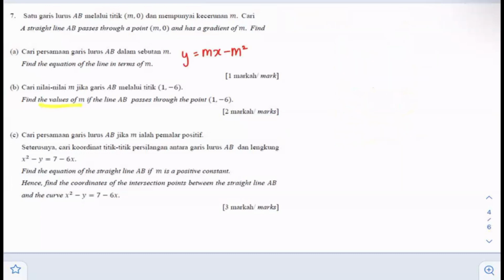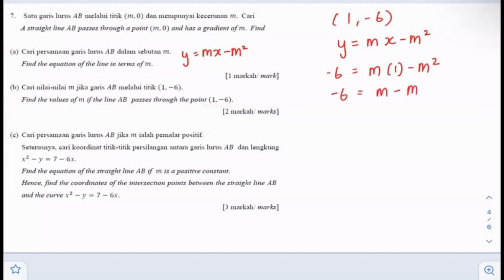Next, find the values of m if the line AB passes through point (1, -6). So we know that one point is (1, -6). Put it into the equation y equal to mx minus m squared. So y equal to negative 6, x is 1, so negative 6 equal to m minus m squared.